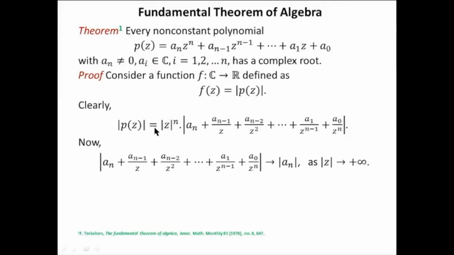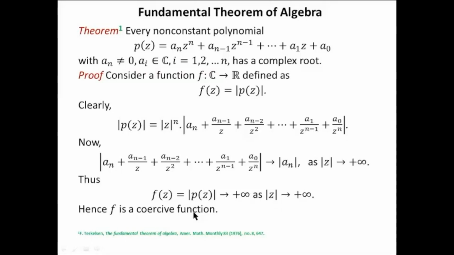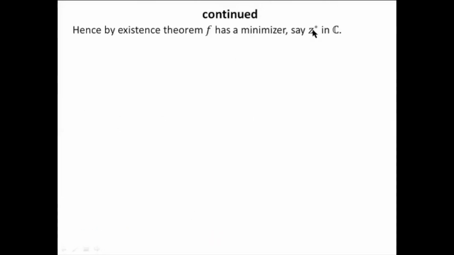The first one goes to plus infinity. So the modulus of p(z) goes to plus infinity. That is, f(z) goes to plus infinity as mod z goes to plus infinity. That is, this function f is a coercive function. So by the third existence theorem, the function f has a minimizer. Let me call z star a minimizer of f.